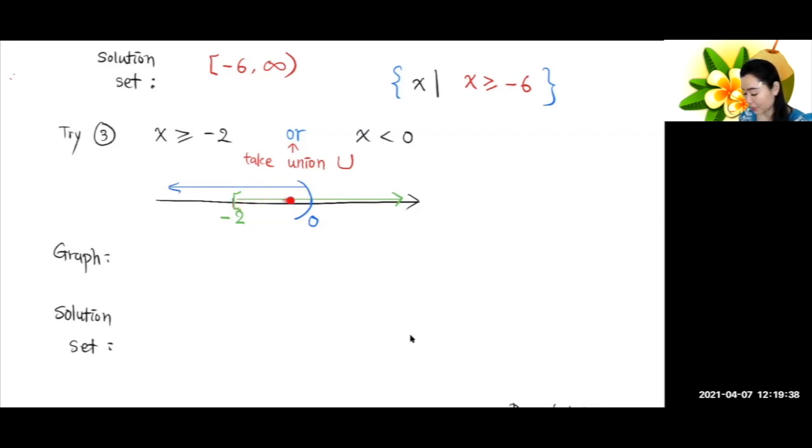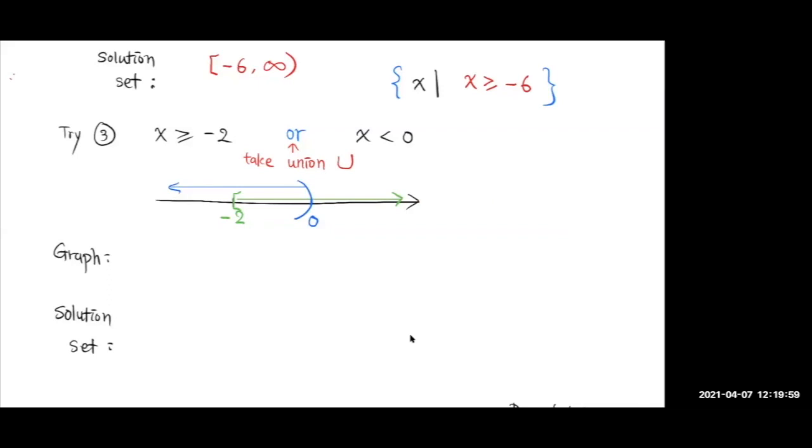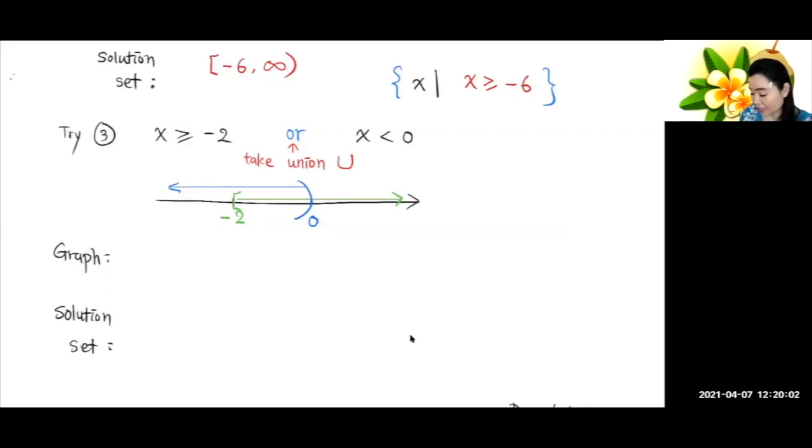So if you put this green part right here together with this blue part over here, what numbers do you cover? It covers every number over here, and also every number over here. So it is going to cover every number on the number line, right? Do you see? Negative infinity to infinity. So you see the graph?